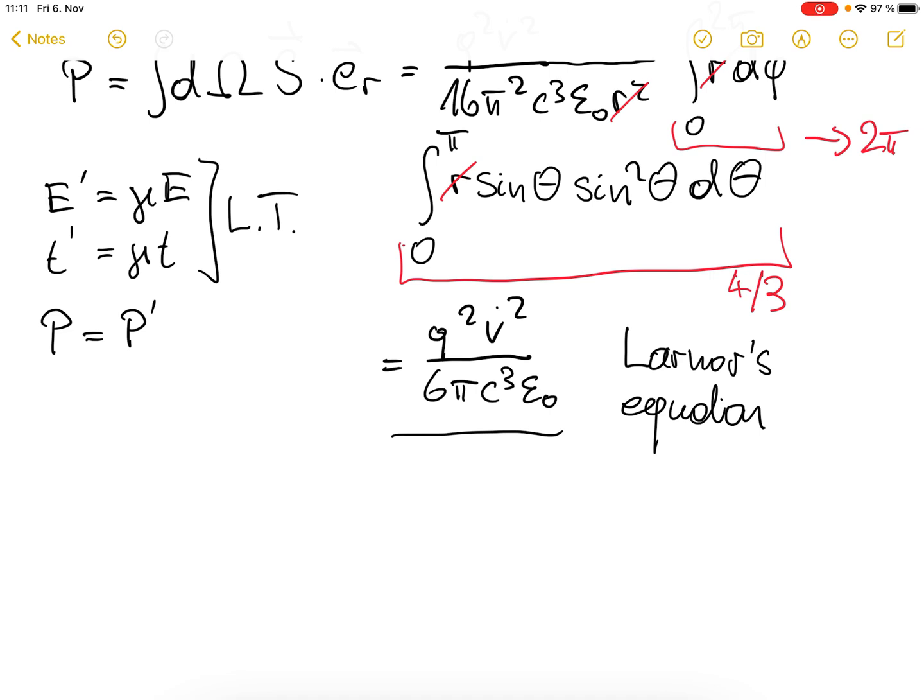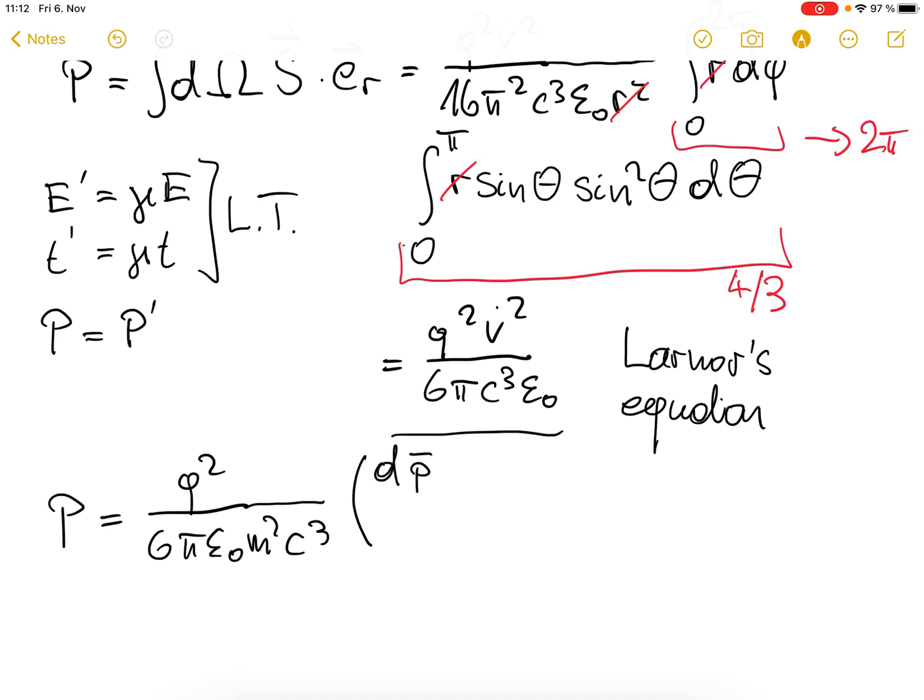So let's do it. We write P equals q squared over 6 pi epsilon 0 m squared c cubed, and I write this as dp dt. That's not Lorentz invariant.